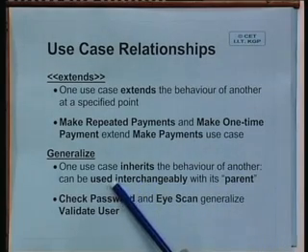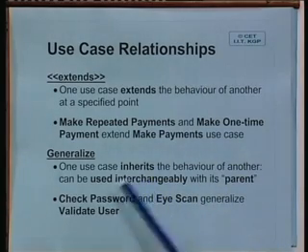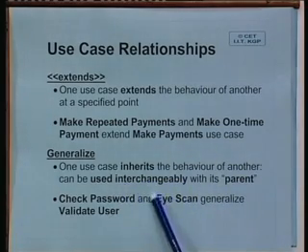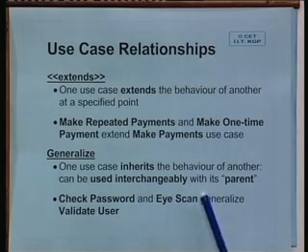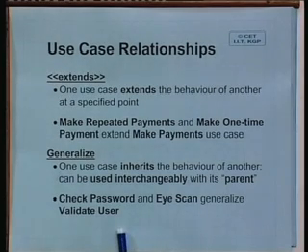Finally, we have the generalize. The basic idea of generalize is one use case inherits the behavior of another and therefore can be used interchangeably with its parent. So, for example, when you are validating a user, the validation can be done either through check password or through iScan, alright.